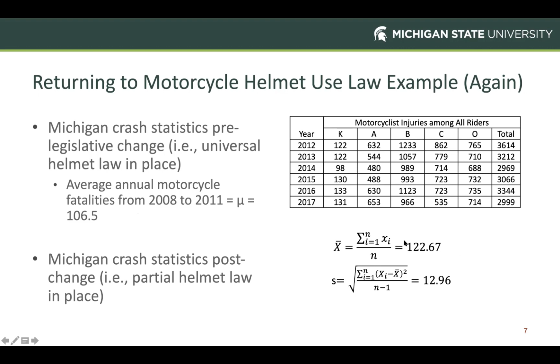And then likewise, if we calculate the standard deviation of those quantities, we're taking each of those individual observations, subtracting off 122.67, squaring those terms, summing them, and then dividing by n minus 1, so 6 minus 1, or 5 in this case, and taking the square root. And so that gives us S of 12.96.